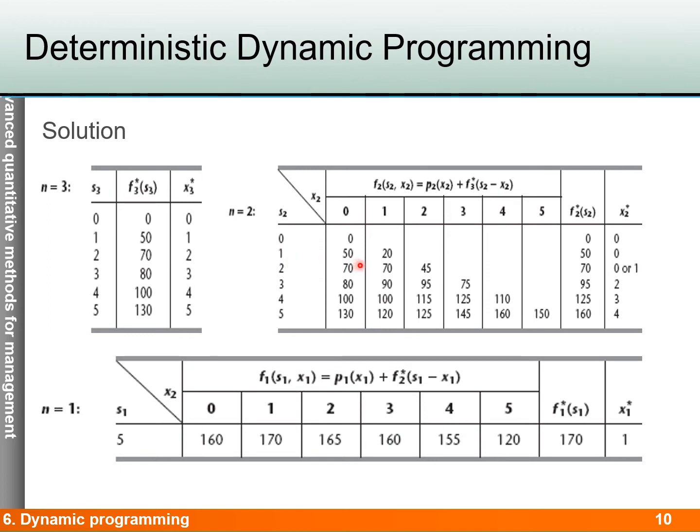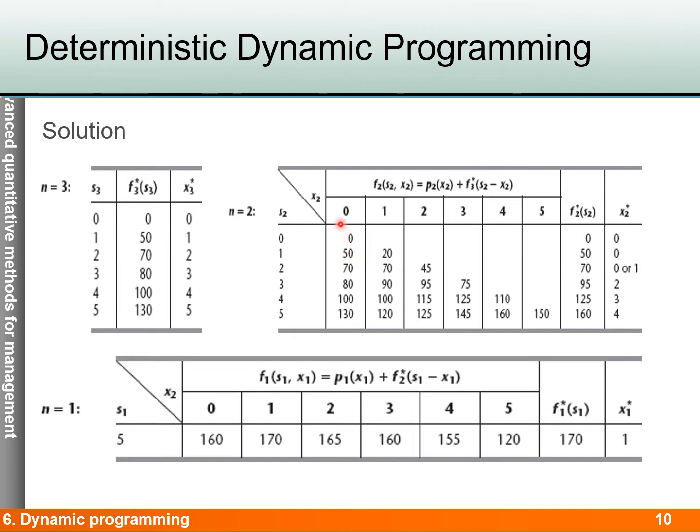So if you check allocation of one medical team to the second country, you will find 20. So this part is 20 plus F3 star of 0, which is 0. So between 50 and 20, which one is maximum? 50.